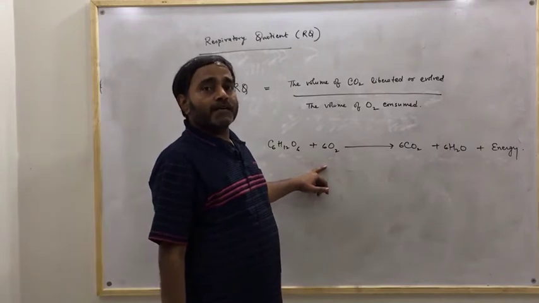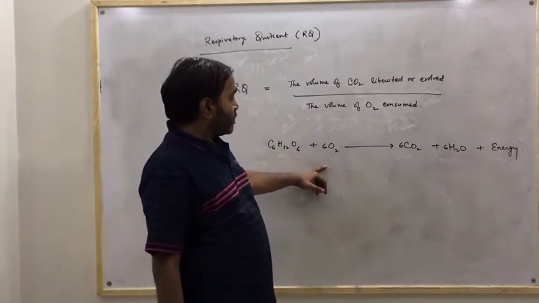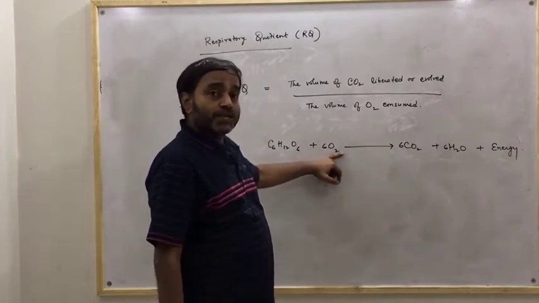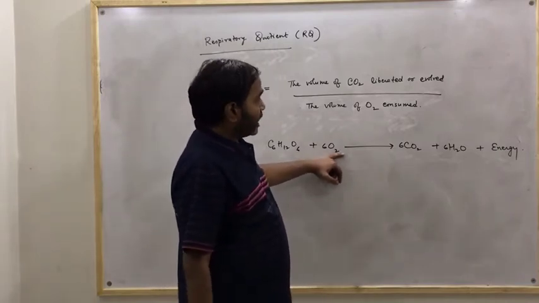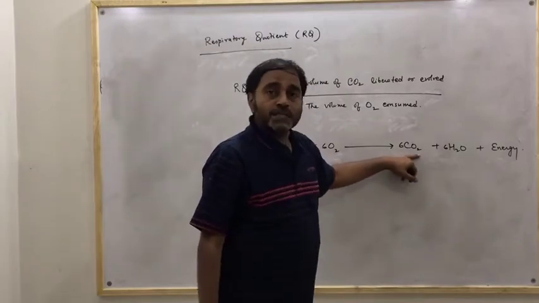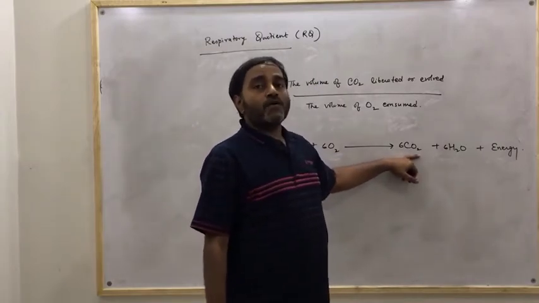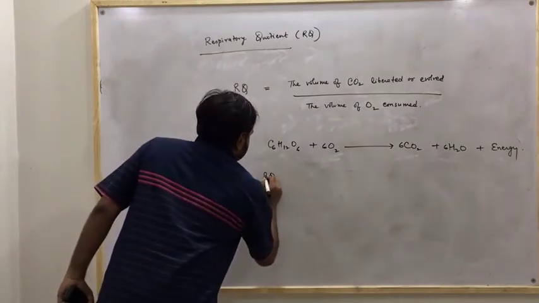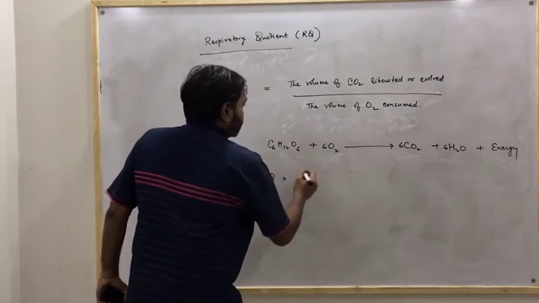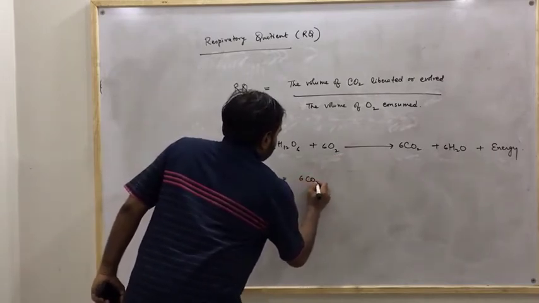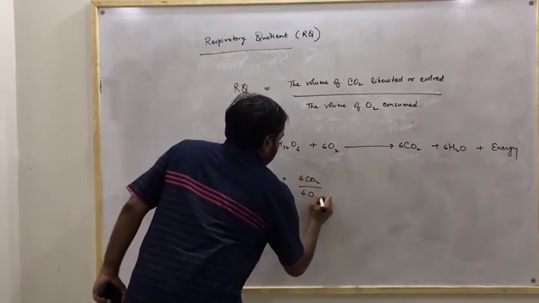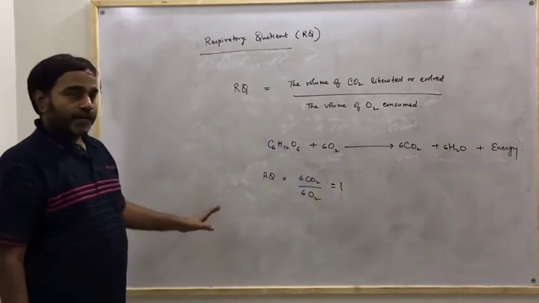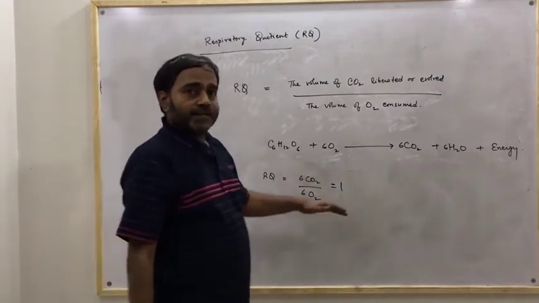On the basis of chemical reactions, the six units of oxygen are consumed for the formation of six units of carbon dioxide. So you can write that RQ will be equal to 6 CO2 upon 6 O2. So you will get 1. So ideally for carbohydrate the RQ value will be 1.